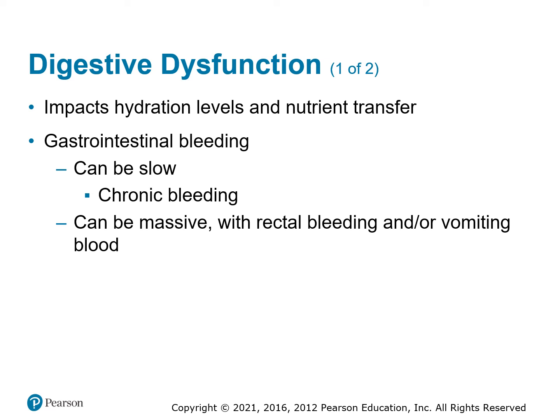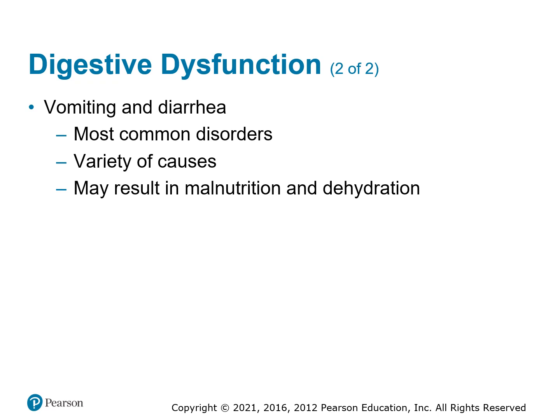If it's really tarry looking and has a very distinct odor that you'll never forget in your life, that's a chronic bleed somewhere in the system, and it's something they need to get taken care of right away.